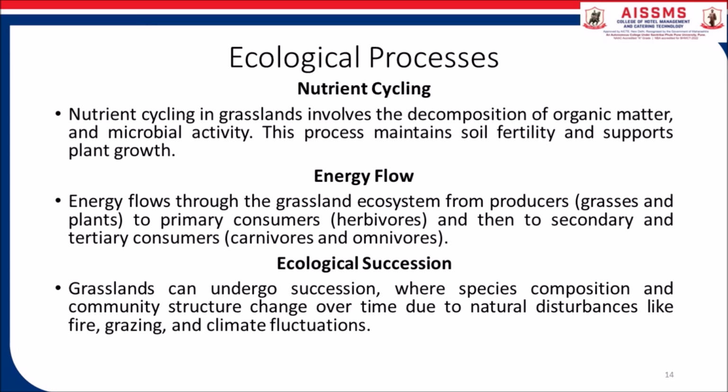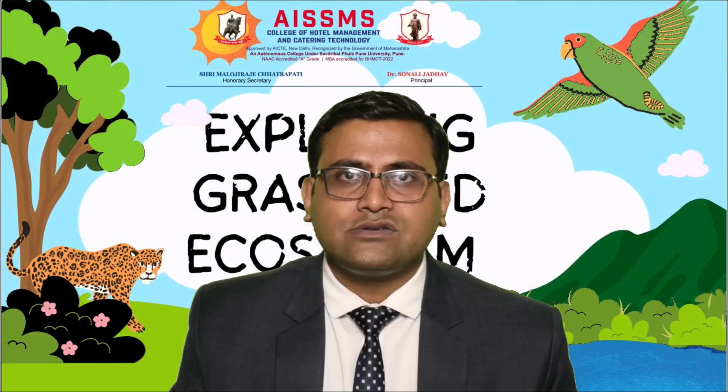Next will be ecological succession. Grassland can undergo succession where species composition and community structure change over the course of time due to various disturbances like fire, grazing, and climatic fluctuation.